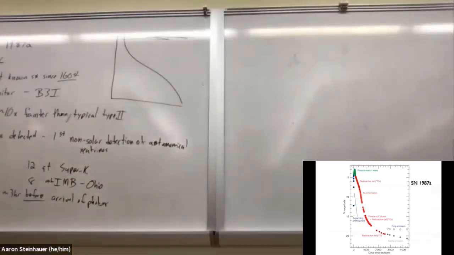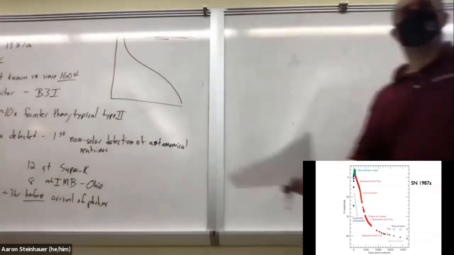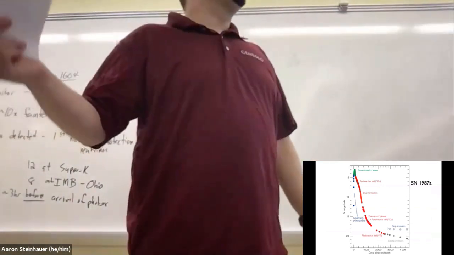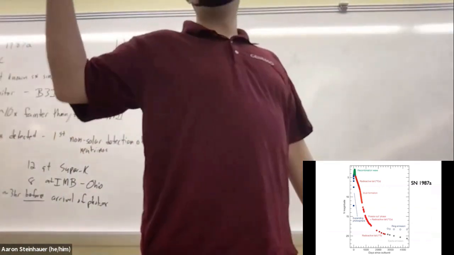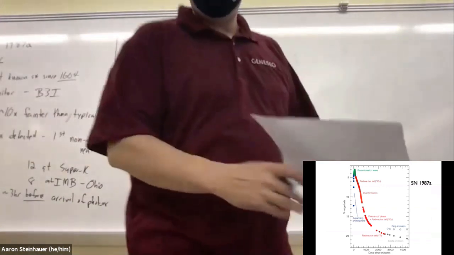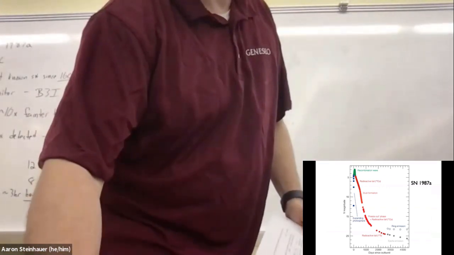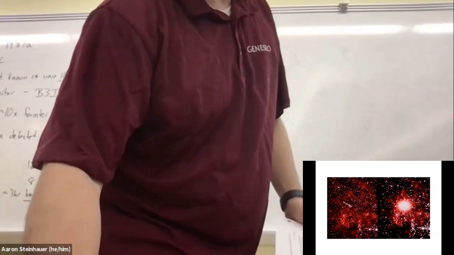It increased by a factor of 10,000 in brightness. And it was a B1 supergiant to start, right? So this is one of the most luminous stars in the region. And then it increases in luminosity by a factor of 10,000. So yeah, it gets really bright.